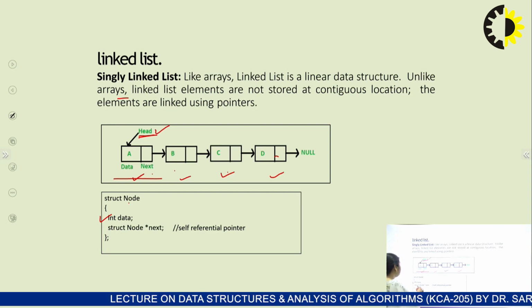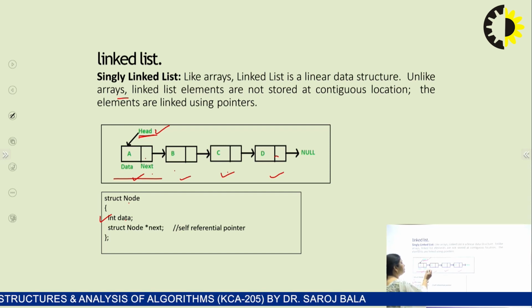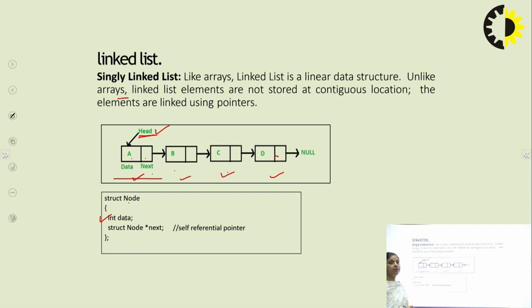Because every data is stored in a single node, and that node has the address of the next node. So if I consider this particular node, I have a data portion, which I'm taking here as character A. Now let me take my requirement as integer. So it will be int data. Int data will have some integer value in the data portion.